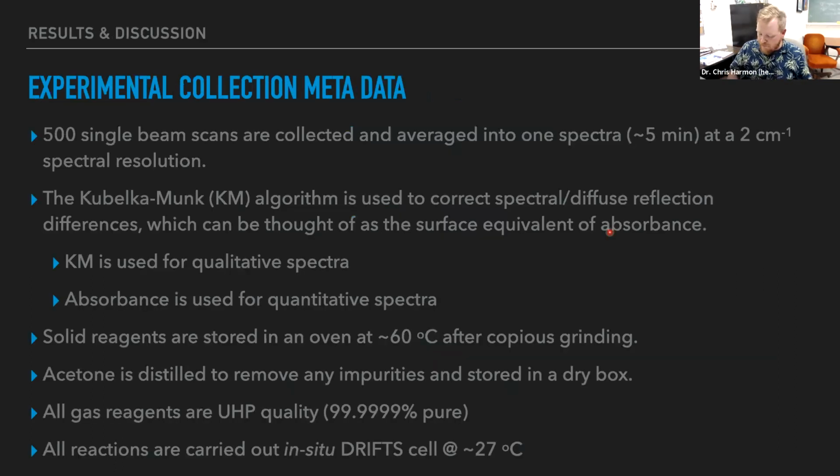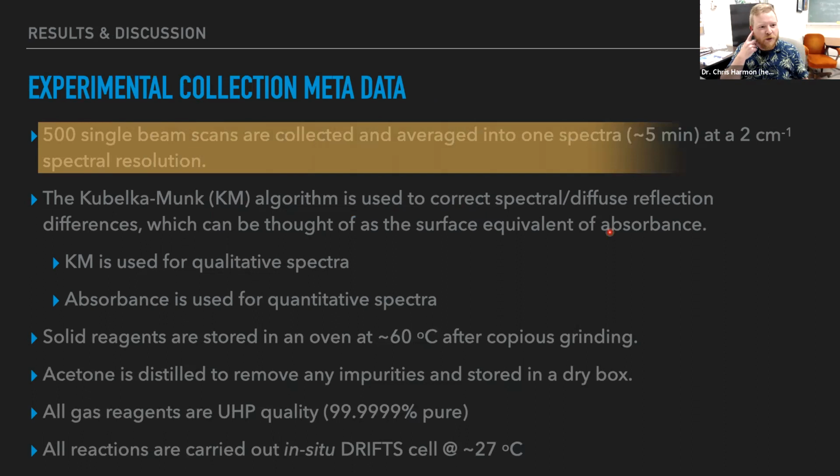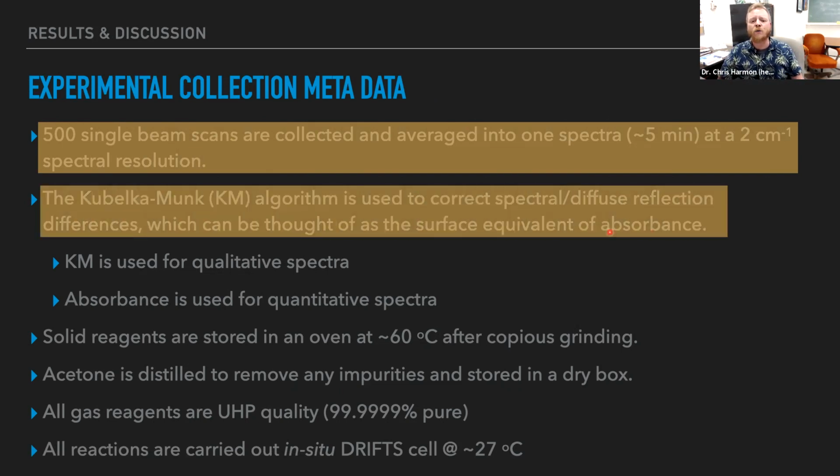Okay, so here's some metadata. So these are our collection parameters. So we use 500 single beam scans averaged into one spectra. It takes about 5 minutes. And we do that because we're looking at an impressively small amount of material. So we have to average a large number of single beam spectra to even see anything. So the Kubelka-Munk algorithm is used when we want to do qualitative studies.